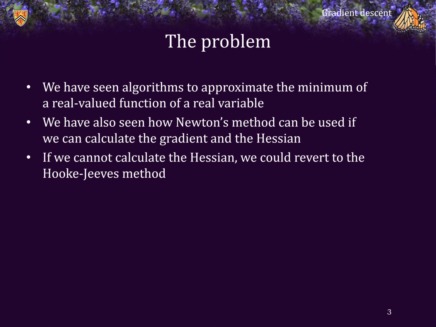If, however, we cannot calculate the Hessian, we could revert to using the Hooke-Jeeves method. However, this only searches in the directions of the canonical unit vectors. Is there not perhaps a better choice?